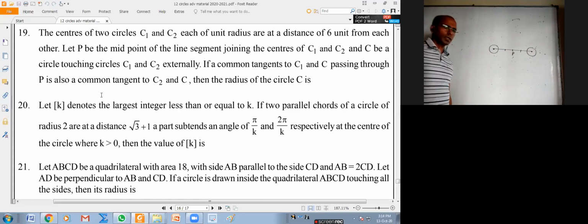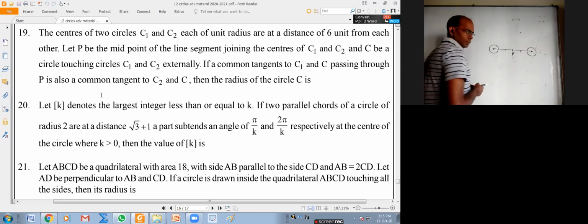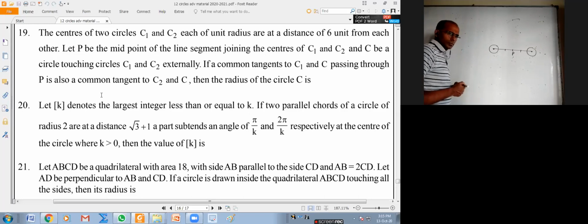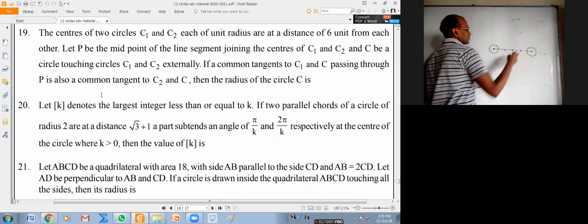And the common tangent to C1 and C passing through P is also a common tangent to C2 and C. Okay, there is a circle touching these two externally.